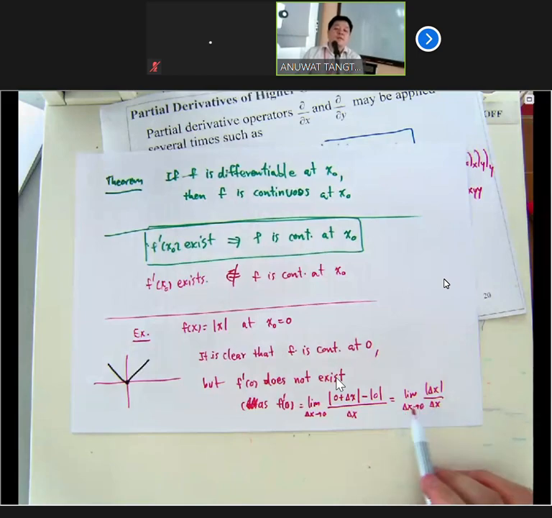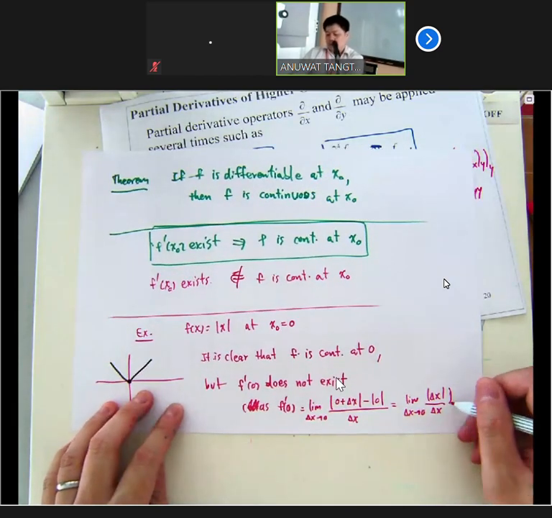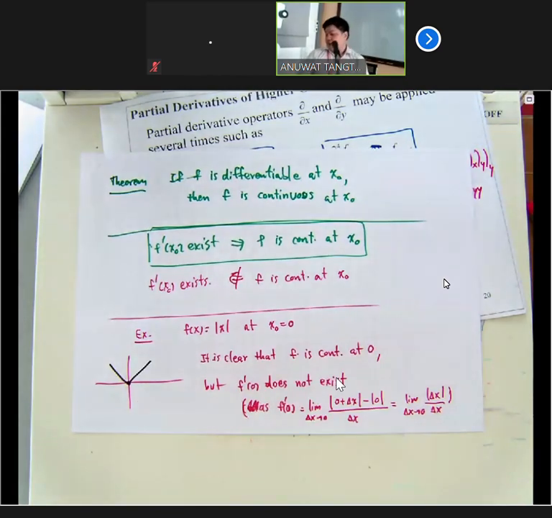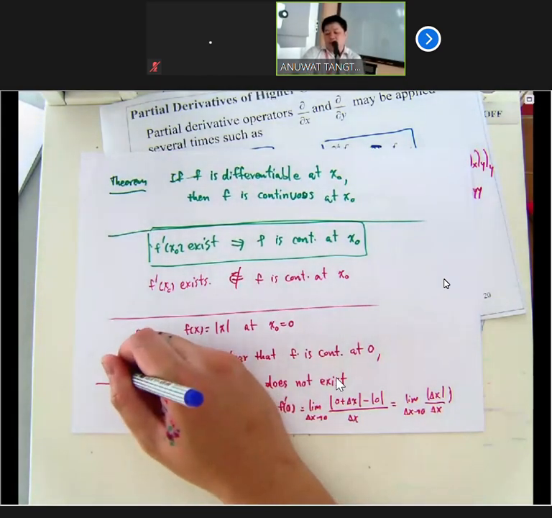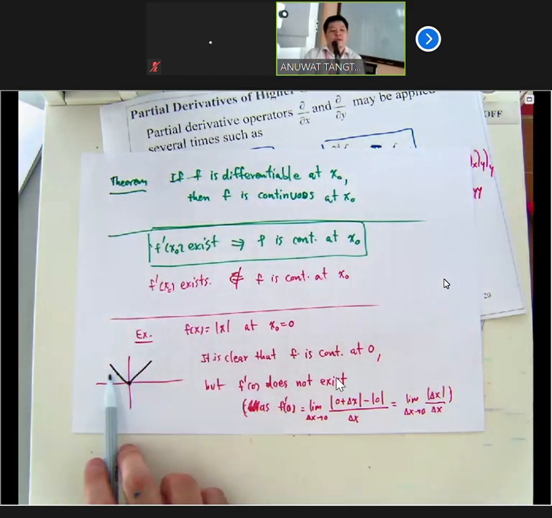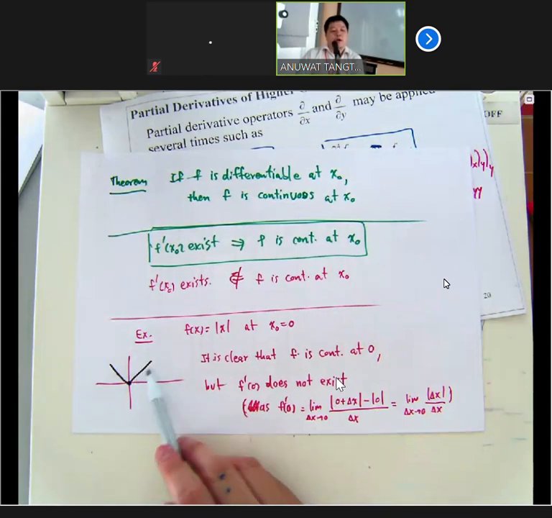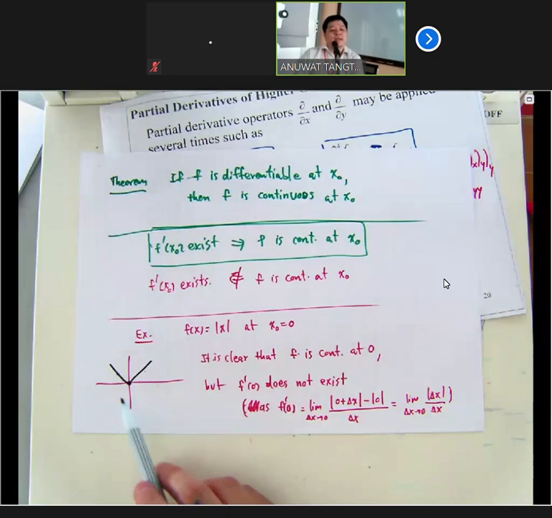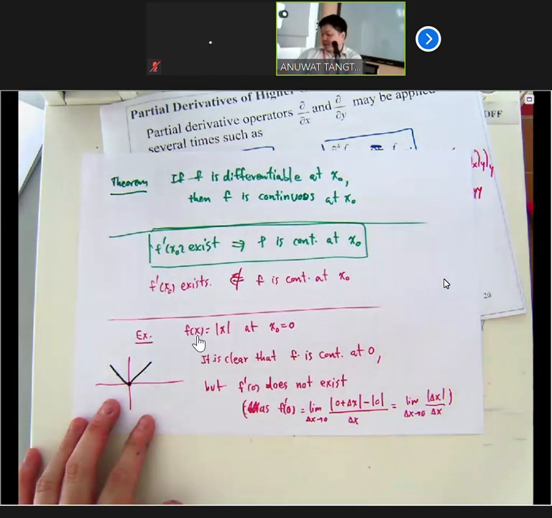You can see that the left limit here goes to minus 1 and the right limit goes to plus 1. So the left limit and the right limit are not equal. As you can see, on the left, the slope of the tangent line at any point would be minus 1, and on the right-hand side the slope becomes plus 1. So the left-hand limit and right-hand limit are not equal. Okay, so f is not differentiable.